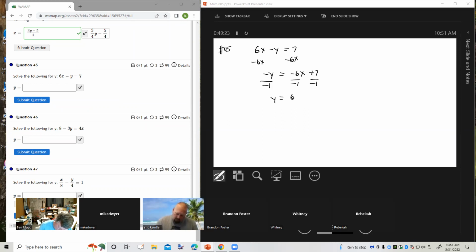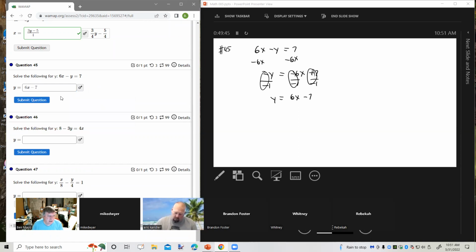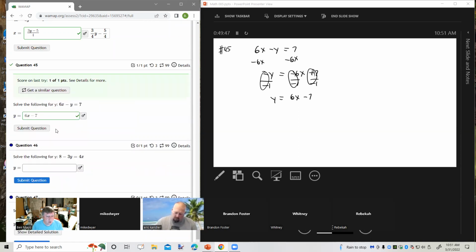So y equals positive 6x minus 7. Negative divided by negative is positive. Positive divided by negative is negative. So I get 6x minus 7. And here we see getting ready for that slope intercept form, y equals mx plus b.